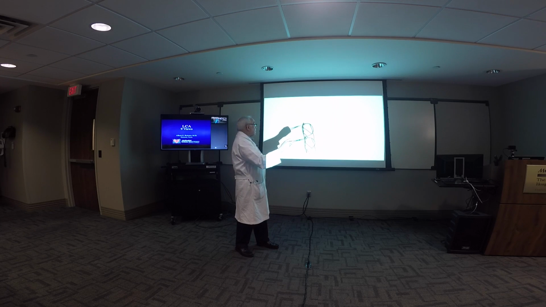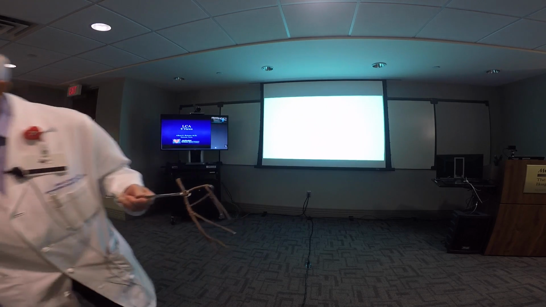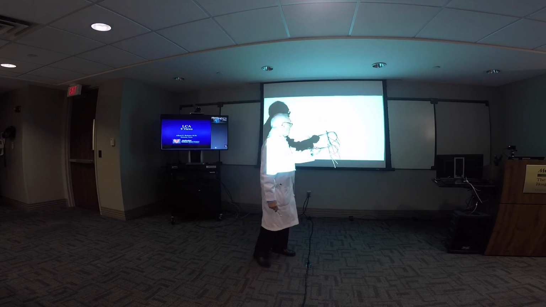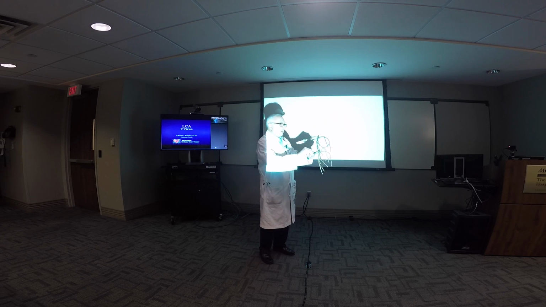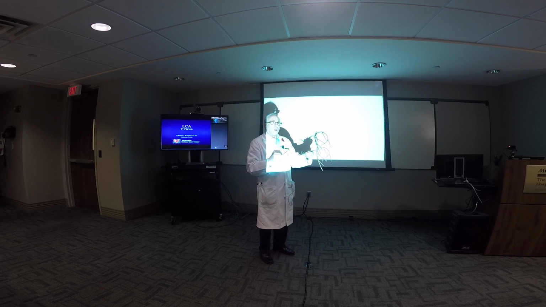Well, we're separating the anterior descending from the circumflex. Okay, not perfect, but we're getting a little bit better view of the circumflex. We're getting a little bit better view of the branches of the circumflex, but we're getting to see that rim of the ice cream cone, that circumflex, a little bit better.